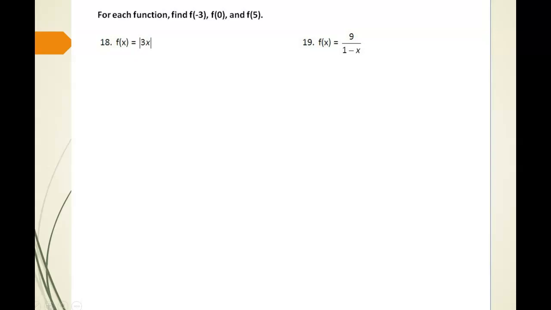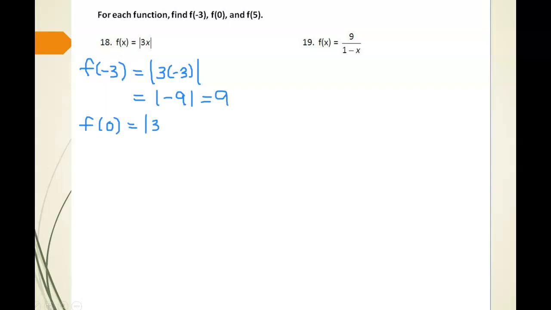Same thing, same rules, just absolute value now. So f of negative 3 equals the absolute value of 3 times negative 3. Remember, an absolute value acts as a parenthesis, so you have to clean up the operation inside first. So that's really like the absolute value of negative 9, which is 9.